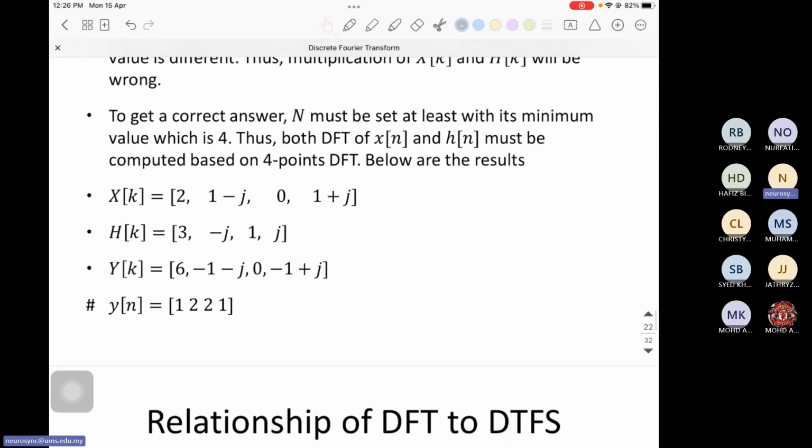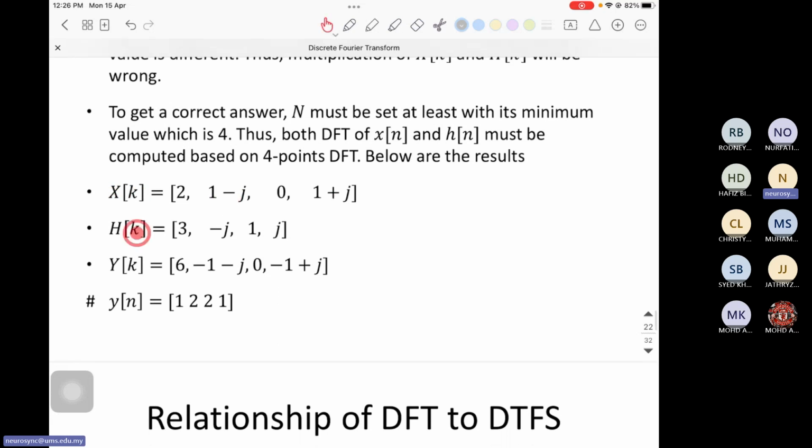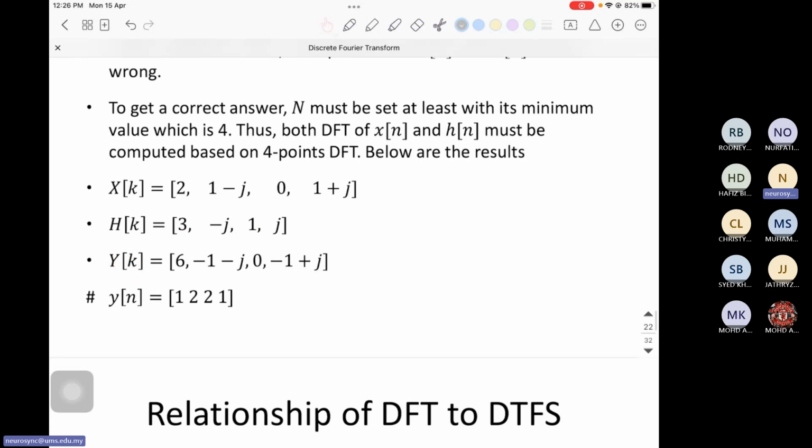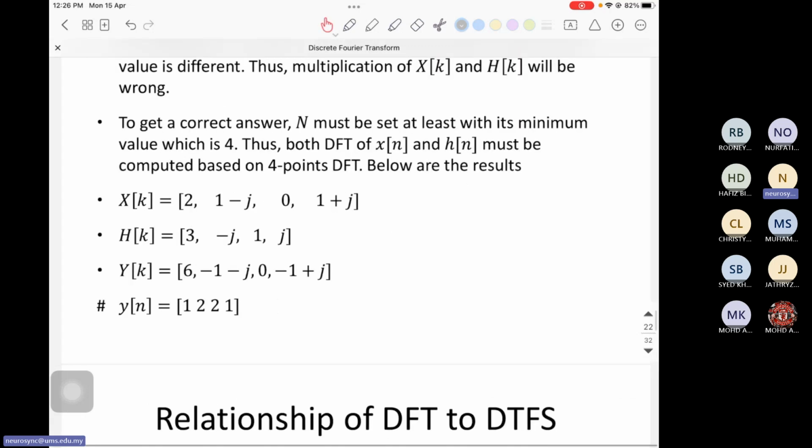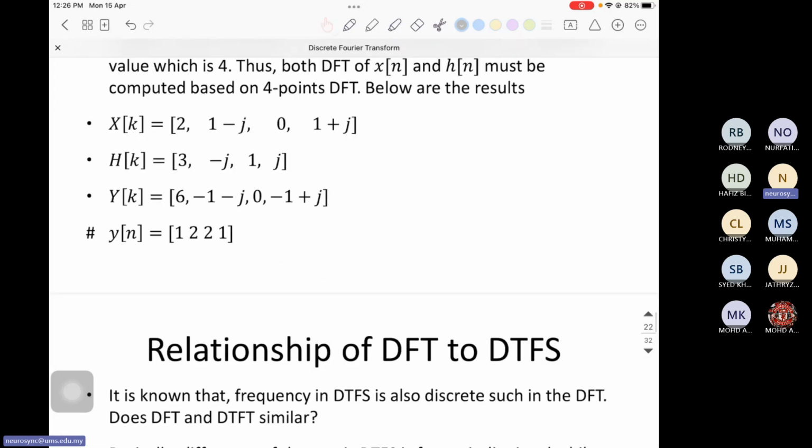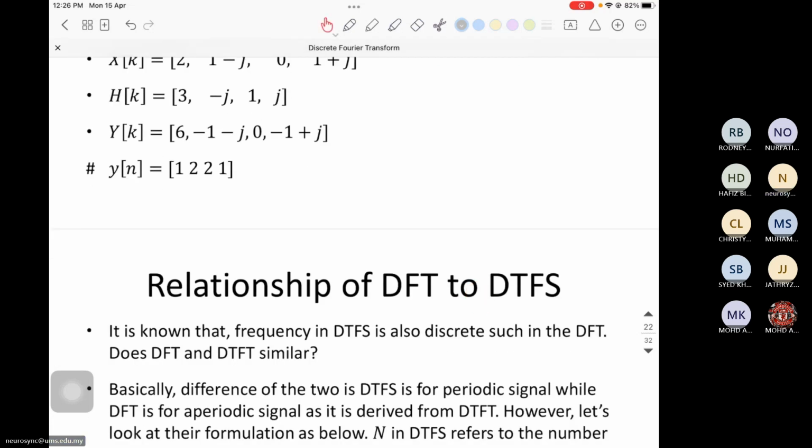X of k you will get like this, h of k you will get like this, and you can calculate y of k by multiplying these. So you will get this. Okay, and you can again convert y of k back into y of n, and you will get the original signal output like this.